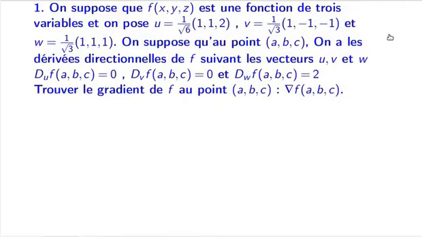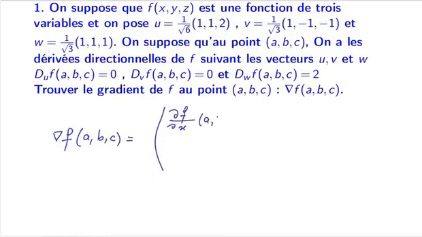Then the gradient of f is the vector having as components the partial derivatives of f at point (a, b, c). So the gradient of f at point (a, b, c) is the vector having as components the partial derivatives of f at that point.